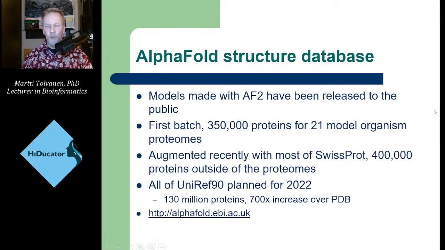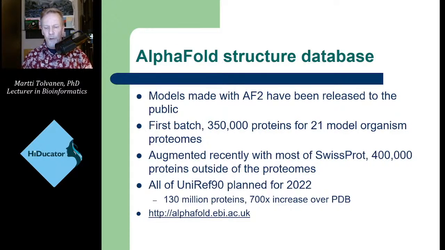The first batch that came out last year was 350,000 proteins for 21 model organisms. So the full human proteome except for 29 sequences has been predicted. Somebody says that maybe 1,000 of the models are not of a usable quality, but still it's pretty complete.